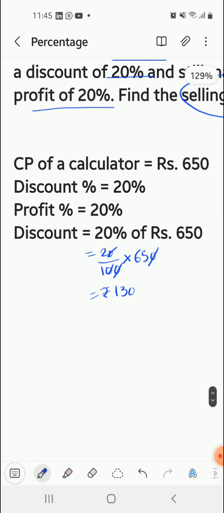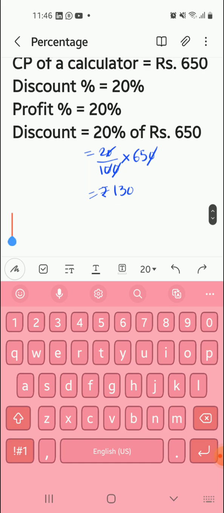Now once this is done, we find out the discount is 130. So this is to be deducted from the cost price in order to get the discounted price. So we're going to find out the discounted price.